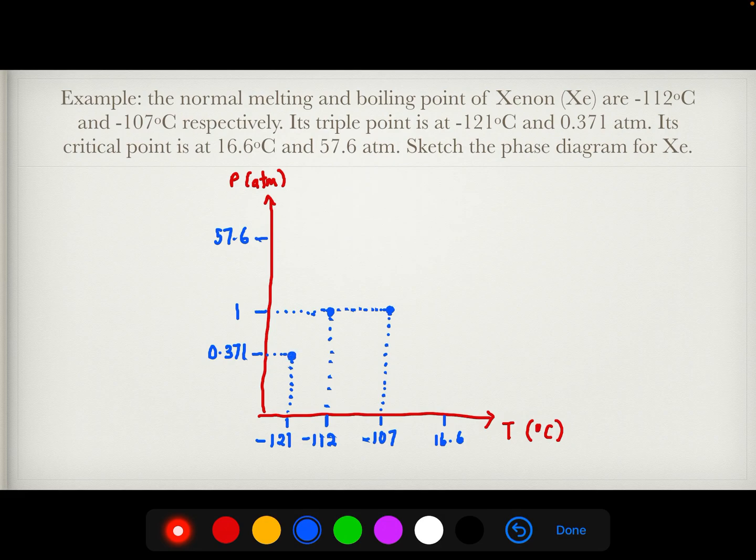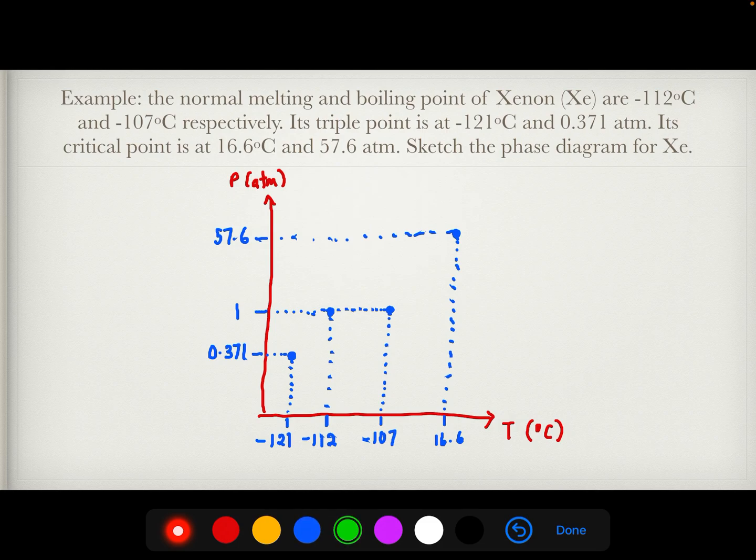And the last one is the critical point at 57.6 atm and 16.6 degrees C. So we have all the points here, and what we are going to do now is just join them.